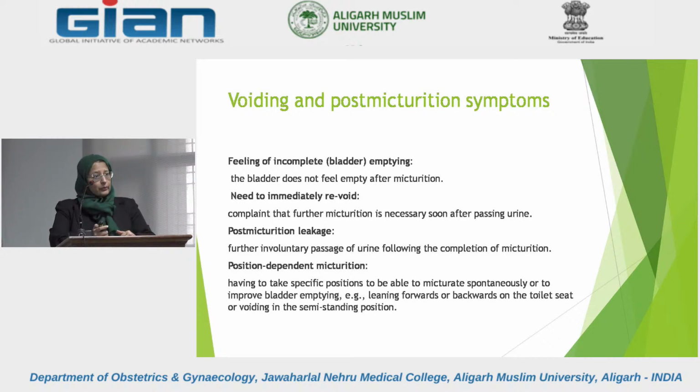Another thing which can come to your mind for post-void dribble could be a fistula. Urine has collected there. It's a small fistula, a crisscross fistula, so that when she passes urine, because of sitting down, some urine leaks into the posterior fornix of the vagina. When she stands up, that urine comes out. That is post-void dribble.